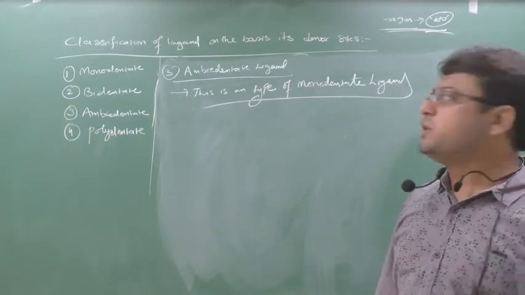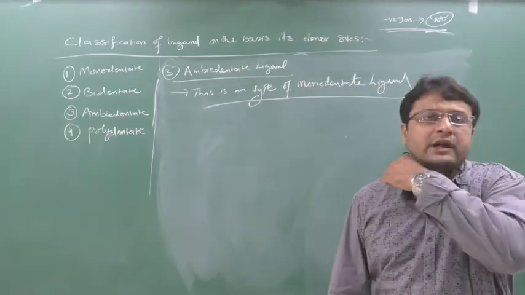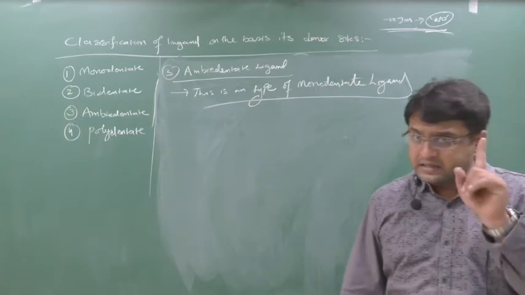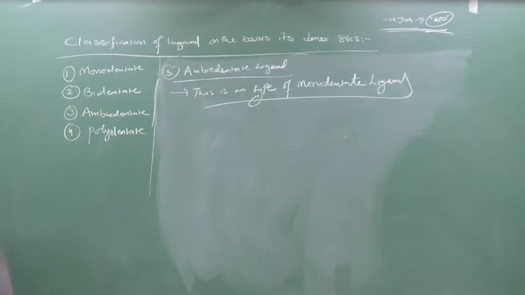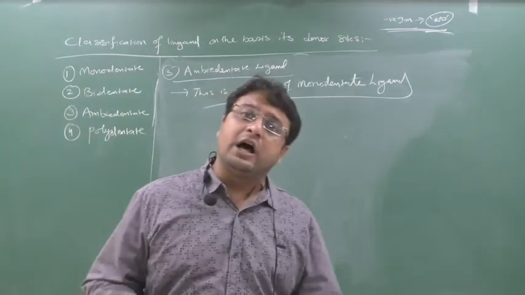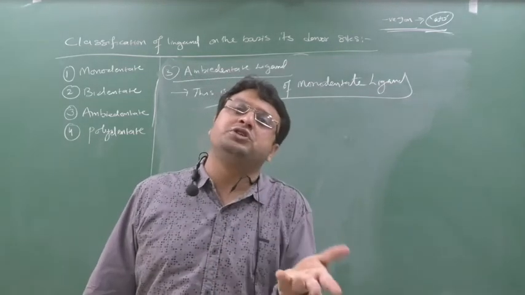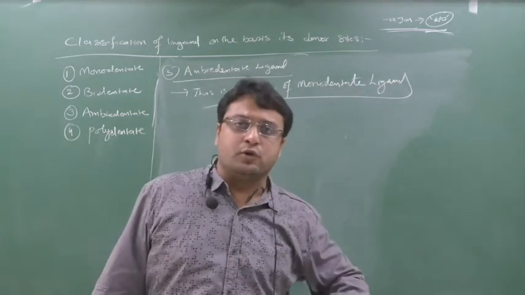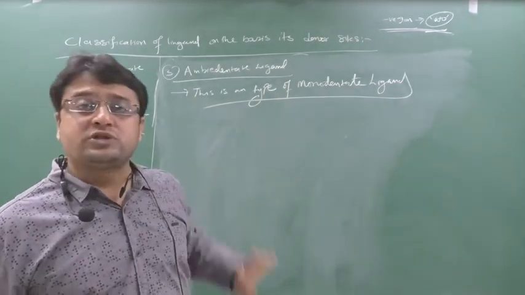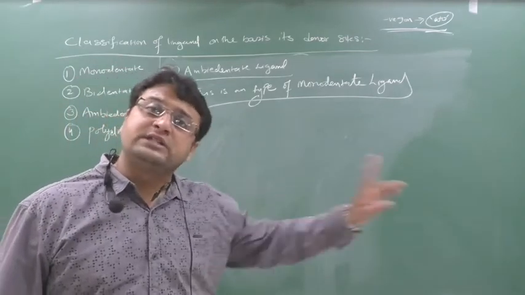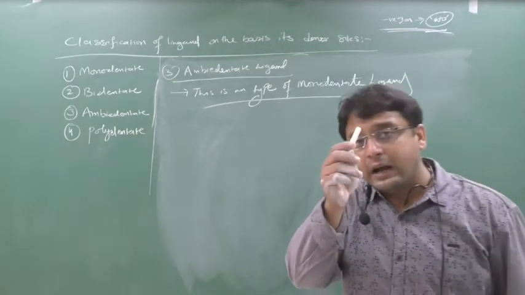In monodentate ligand there is only one donor site, whereas in ambidentate ligand we have two donor sites, but at a time it cannot donate the lone pair from both sides. Any one side it can use. So it is a special type of monodentate ligand, because it uses only one side to donate. Such a type of ligand is known as an ambidentate ligand.